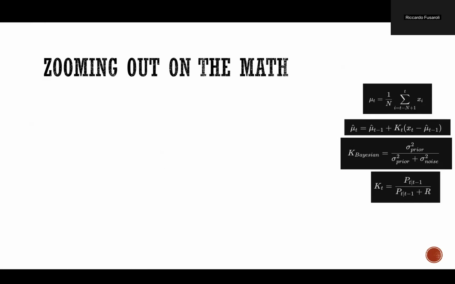I don't know, 0.9 divided by 1 is going to be pretty high, still 0.9. If the uncertainty in the signal increases, it's going to be 0.9 divided by 1.3, so the learning rate decreases. So it's not as much about the absolute value of the uncertainty in the prior, but about the relation between the two.